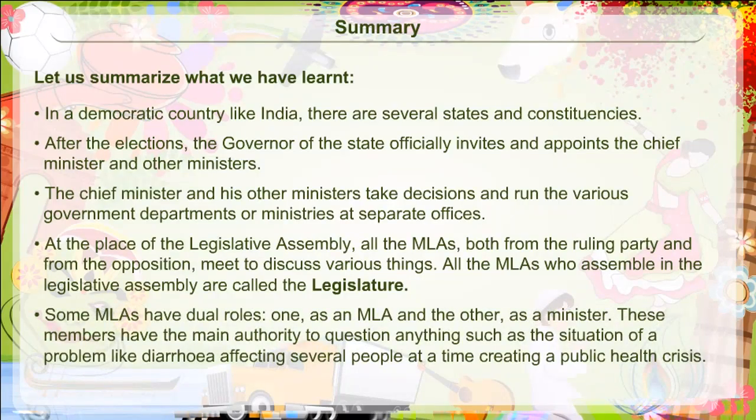Some MLAs have dual roles, one as an MLA and the other as a minister. These members have the main authority to question anything, such as the situation of a problem like diarrhea, affecting several people at a time, creating a public health crisis.